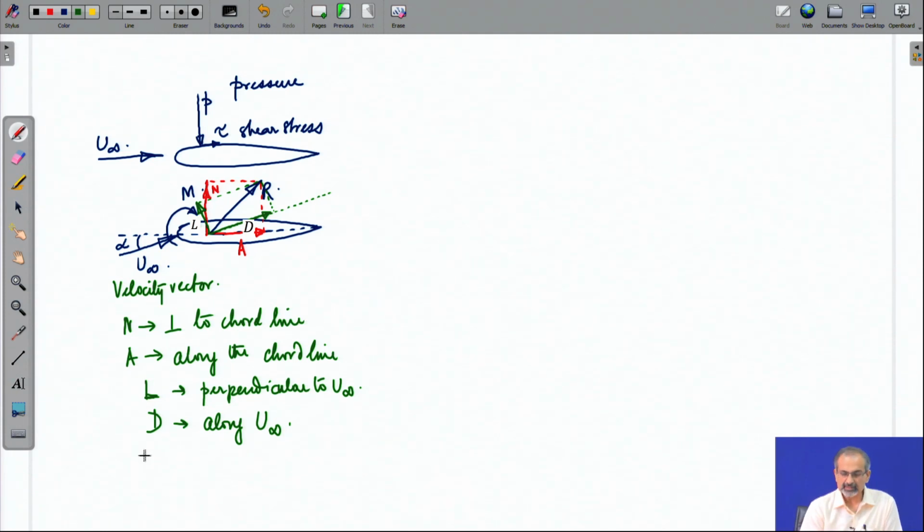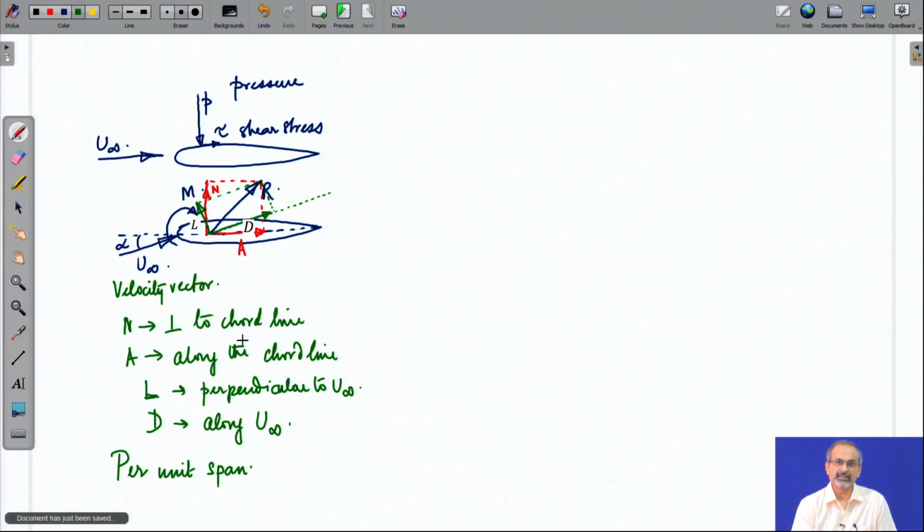Again, here we are considering that these forces are per unit span, in the sense that this airfoil section has a unit depth, and accordingly the force which would act on the airfoil section having that unit depth is what is considered over here.